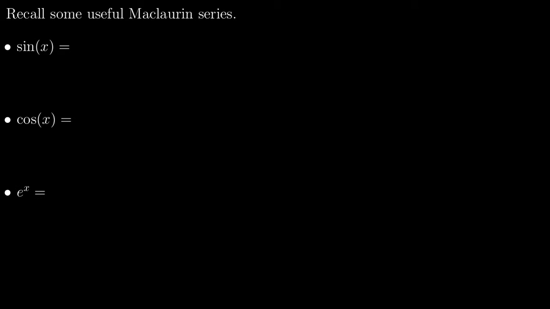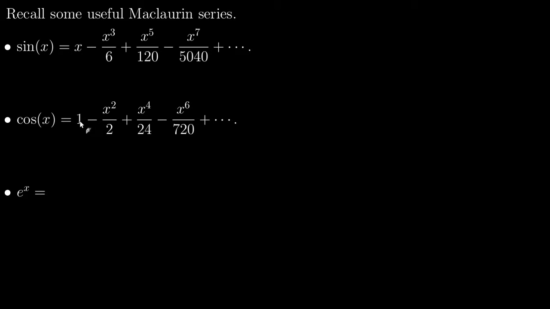And here's the way that we go about it. First, let's recall a couple Maclaurin series: sine of x, cosine of x, and e to the x. I just put a video up for this previously, so you can find that video if you want to see why these are what they are. But sine x is going to equal x minus x cubed over 6 plus x to the 5th over 120 minus x to the 7th over 5040, and so forth.